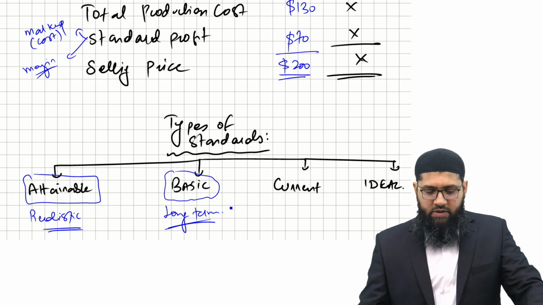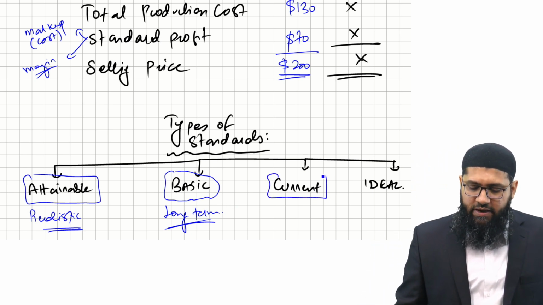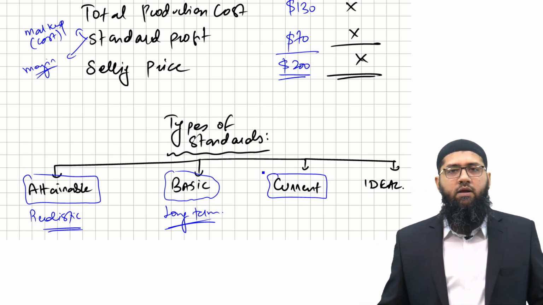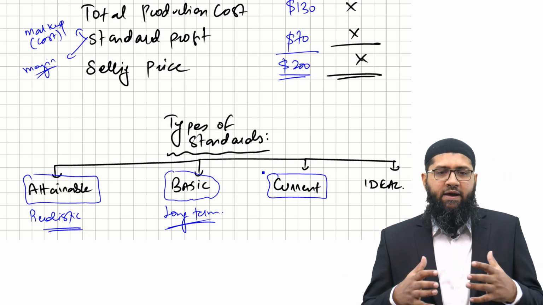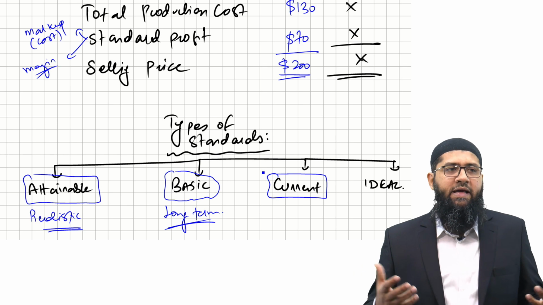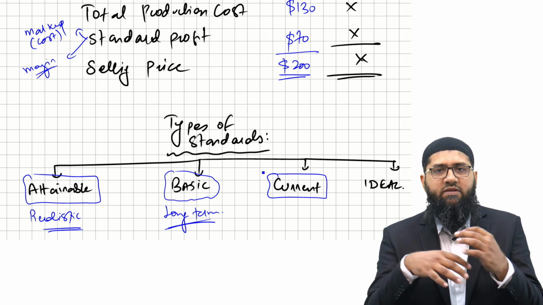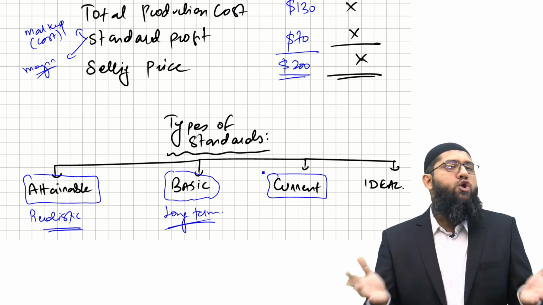And then you talk about the current standard. At times there could be a situation where the current circumstances are a bit different from the circumstances that generally prevail. What do we mean by this?